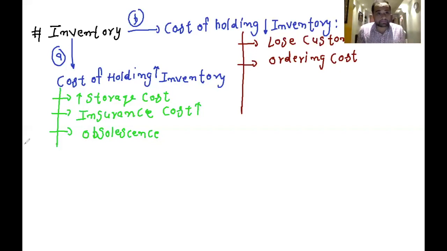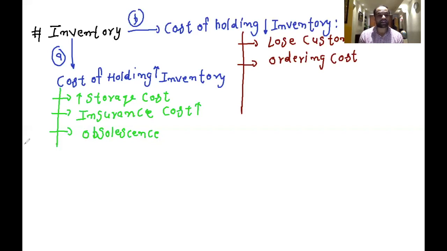For example, you live quite far from the supermarket. You have two options when you go to the supermarket. Option one is you buy lots of items, lots of groceries. You buy too much and you store it at home, so you don't have to go again and again. Or the second option is that you do not buy too much inventory. Why?